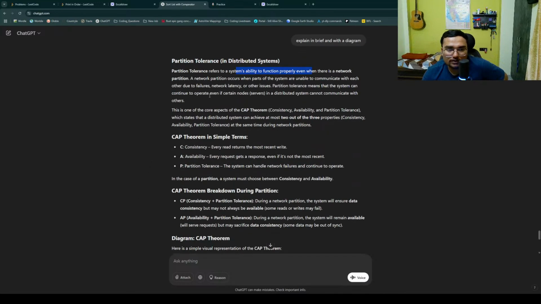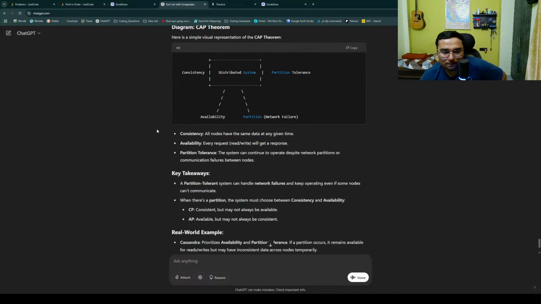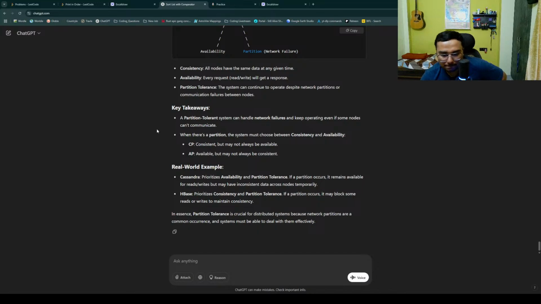What happens when a partition occurs between nodes?